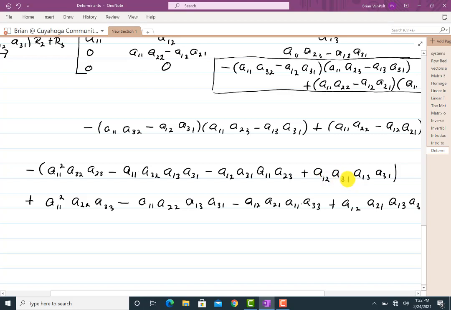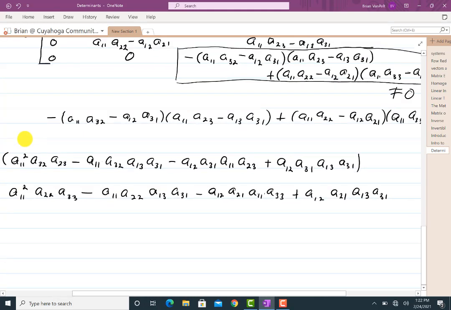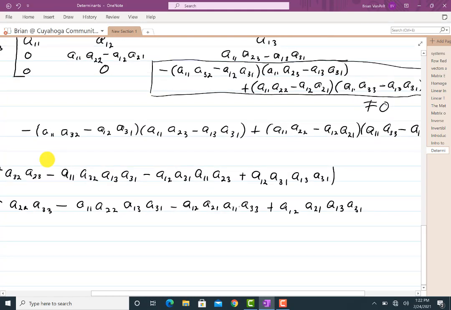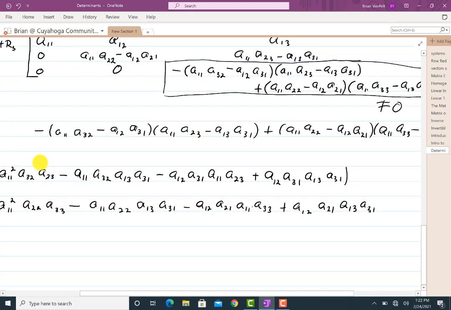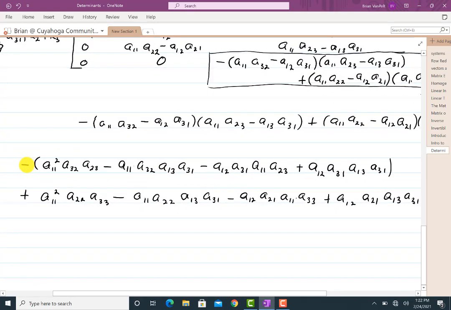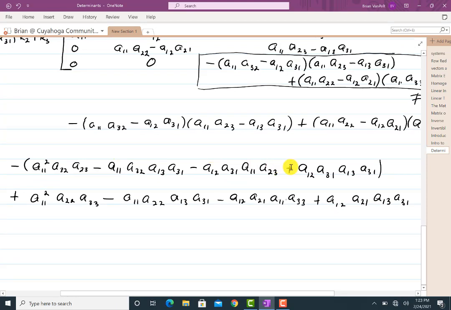There's one of many mistakes. Let me look at the second pieces then. A11 squared. Yeah, okay. All right, let's see what simplifies now that I fixed it.